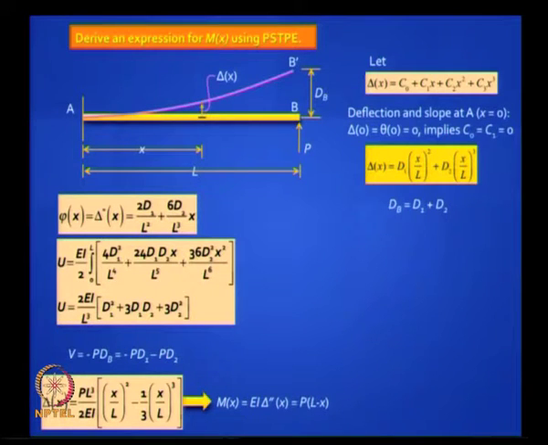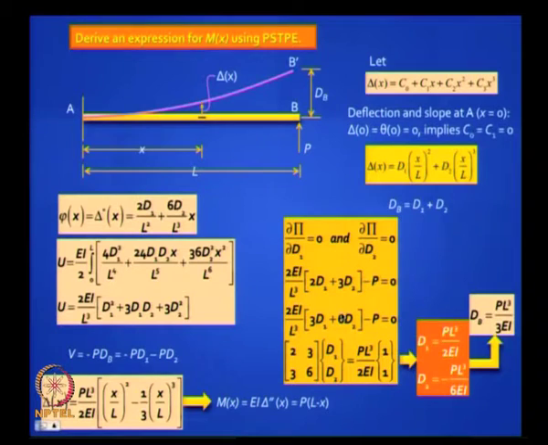Now you look at the total potential energy, which is V equal to minus P dB. You substitute dB as d1 plus d2, and in the next step you invoke the principle of minimum potential energy.